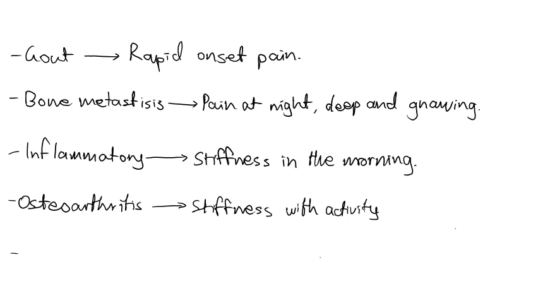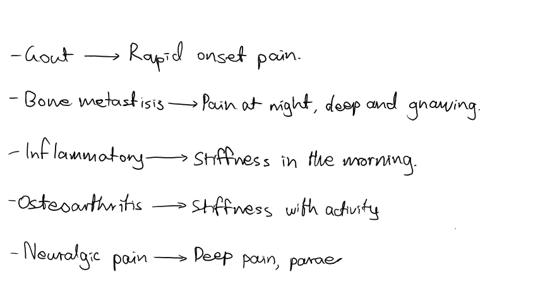Now, the final type of pain that I want to talk about today is neuralgic pain. Neuralgic pain, as its name suggests, is pain associated with nerves. A patient will describe the pain as being deep, and that makes sense because nerves are found in deeper sections of the body. They are deep below the skin, so the pain will be present there as well. In addition to deep pain, they will complain of paresthesia. They won't specifically say paresthesia, because this is not a word that people commonly know, but they will say pins and needles.